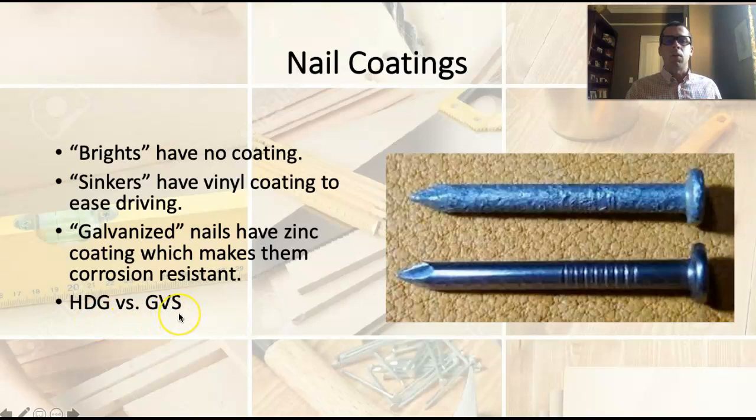If you are framing, you want to get GVS, green vinyl sinkers. They're going to be really easy to drive. They're going to be really easy to pull out if you need to. You don't want to use galvanized nails for framing because they're really hard to drive and they're brittle. Okay, we want to use galvanized nails for exterior trim, exterior finishes that are going to be exposed to the elements and they're going to be rust resistant.